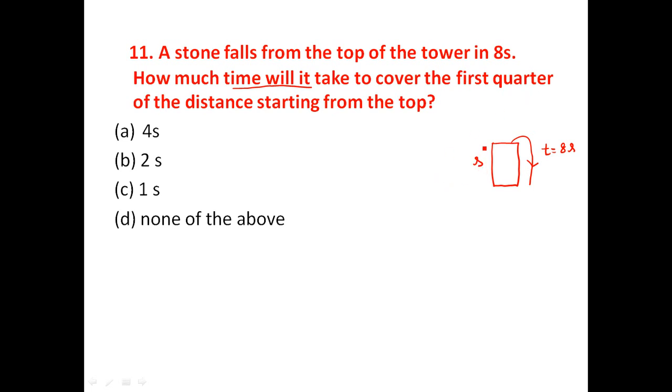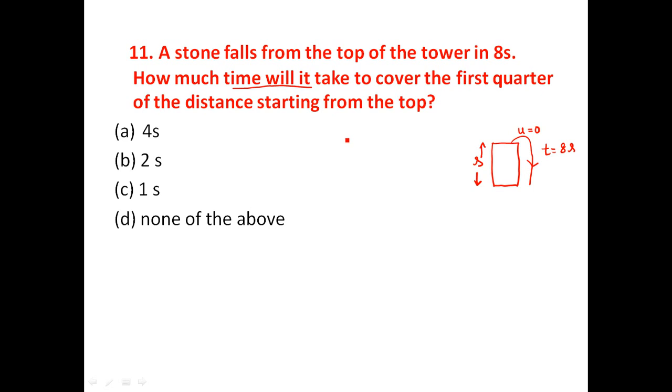Let us mark the total distance as S. S is the total distance the stone needs to travel to reach the ground. Let us find that distance first with the given data. It is told that the stone is being dropped from the top of the tower. What about the initial velocity in such case? u is equal to 0, right?